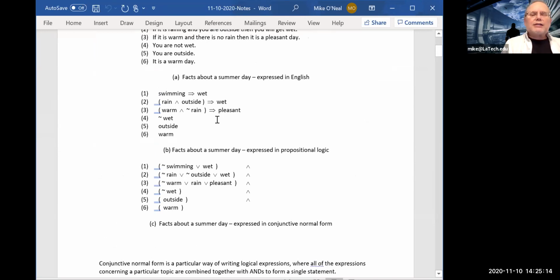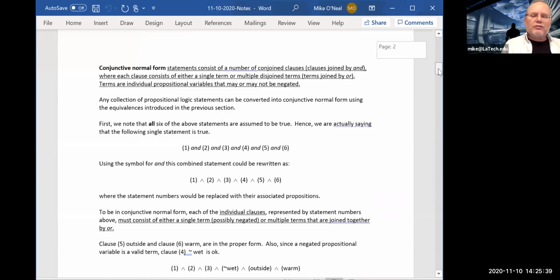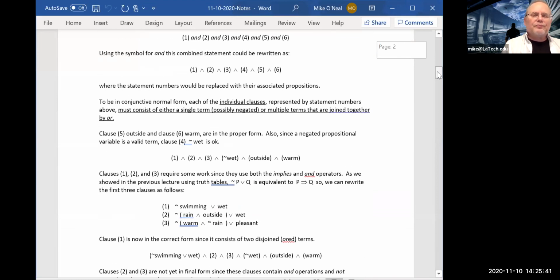And you'll remember from our last lecture that we said that P implies Q can be rewritten as not P or Q. And we proved it. We gave the truth tables that showed that they were equivalent in all cases. We showed that P implies Q is equivalent to not P or Q.